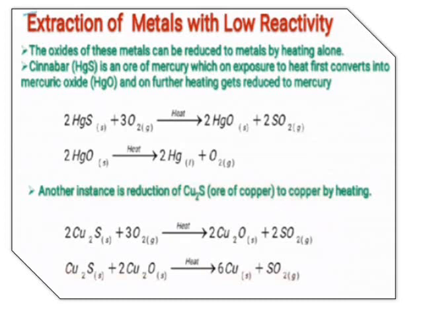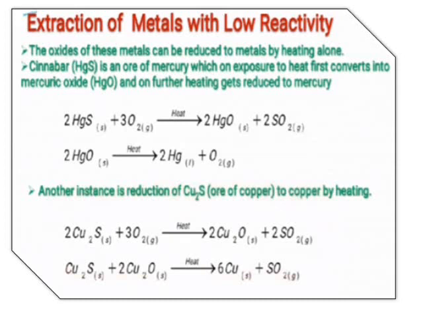The equations involved here are very, very important. So, cinnabar: 2HgS with 3O2 gives 2HgO plus 2SO2. So the cinnabar, which is mercuric sulfide, is converted into mercuric oxide by the process of heating first.